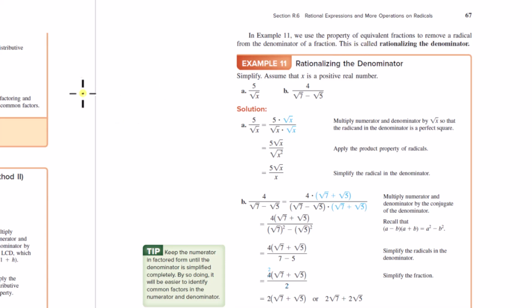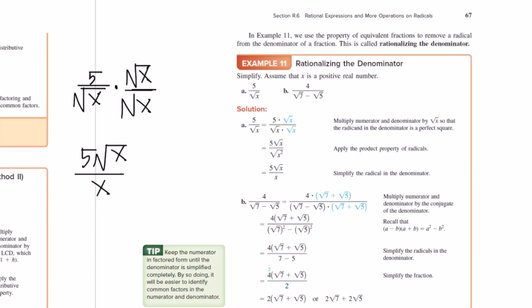Yeah, so we looked at if we had this, right? We saw that when it came to the square root, you just multiply by 1 in the form of the square root over the square root, and you're going to get 5 root x over x, and you're done. Okay.